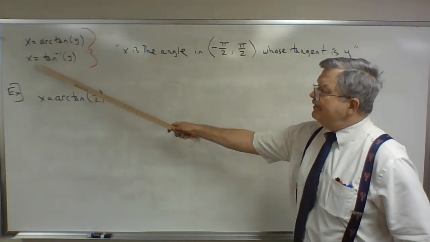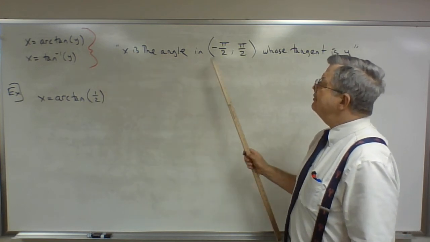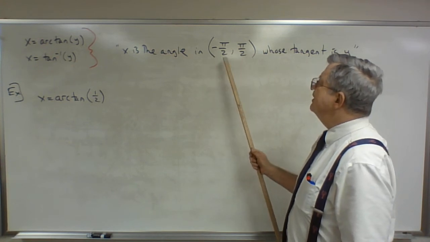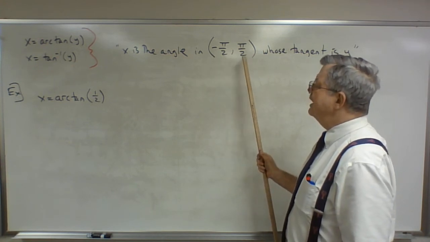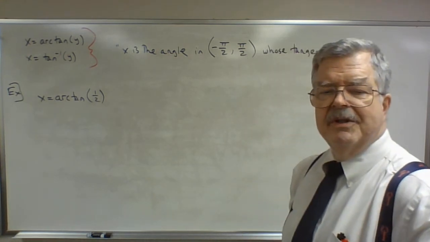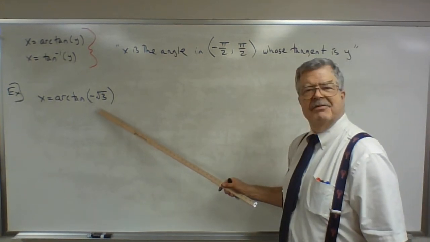So if we have x equal tangent inverse of y, we restrict the interval that x comes from to the open interval of negative pi over 2 to pi over 2. So let's do a little example. The coach just sent in a new play from the sidelines.